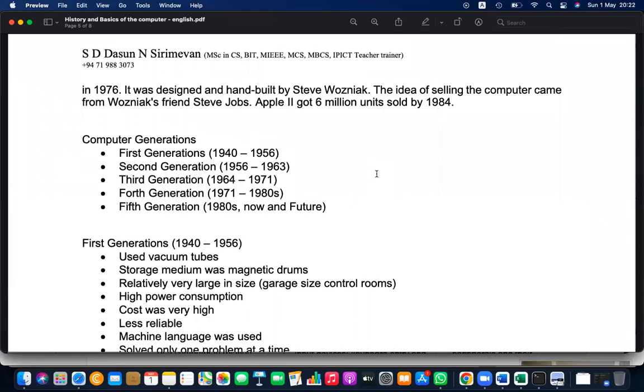Then let's learn briefly about generations. These years can vary from source to source. Maybe in your book or on Google there will be different years. But don't think about the years, just think about the generation number and what inventions relate to the particular generation.